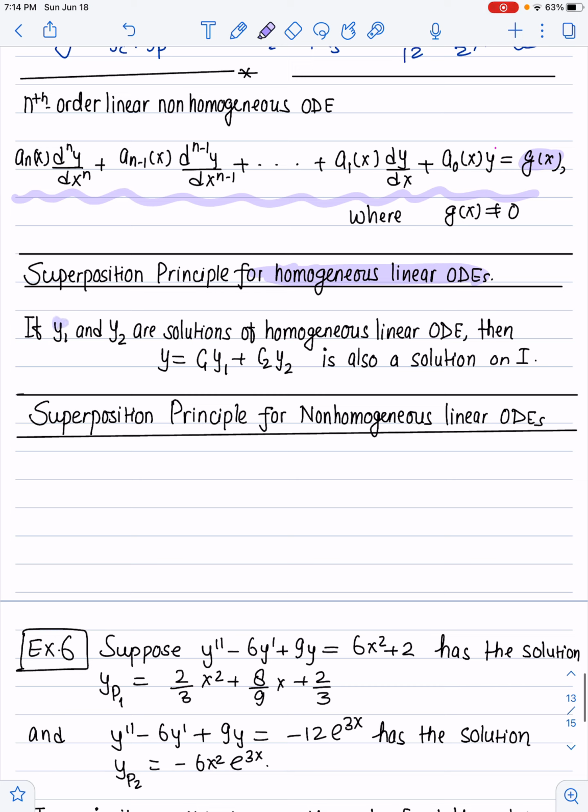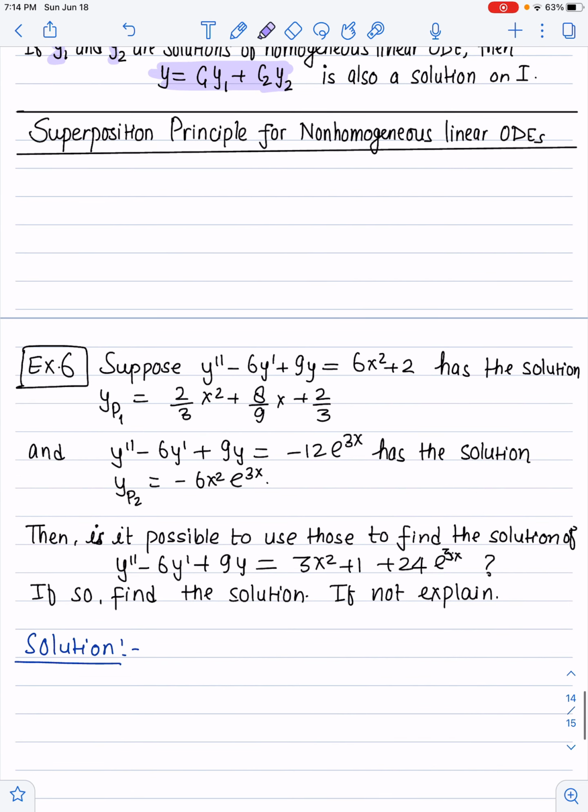If y1 and y2 are solutions of a homogeneous linear ordinary differential equation, then the general solution would be the linear combination of those two solutions, by the superposition principle. Now, the superposition principle for the non-homogeneous linear ordinary differential equation, again the same thing.